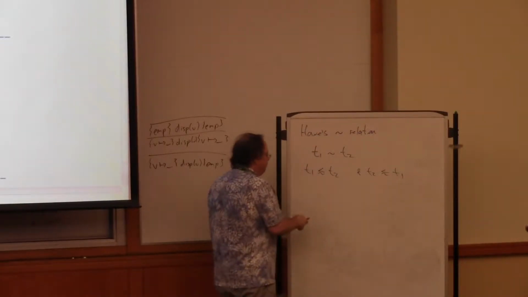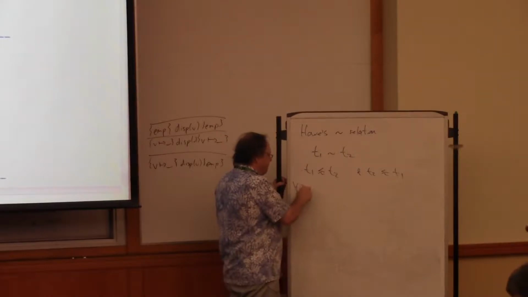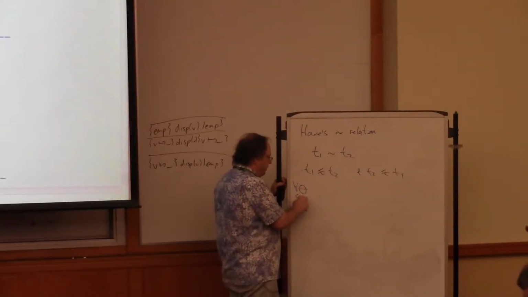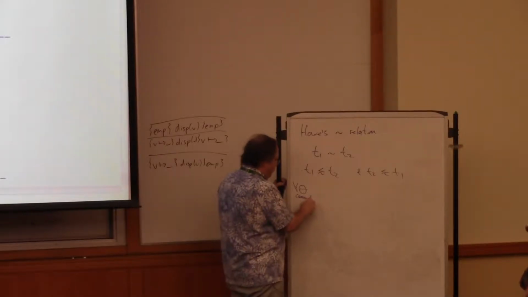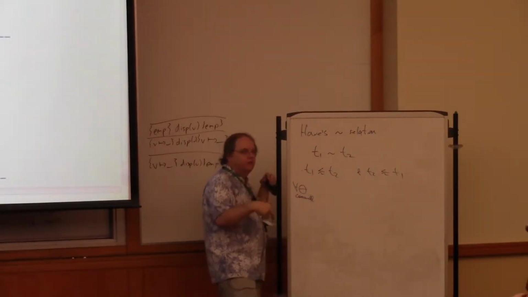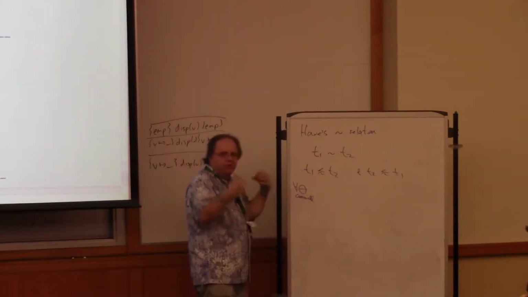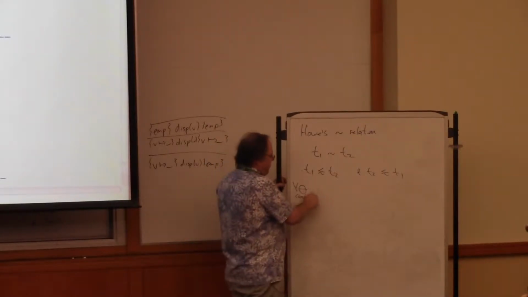And the definition of this, roughly, is for any canonical form theta, like pair or inl, any canonical term that's reduced now to a value.